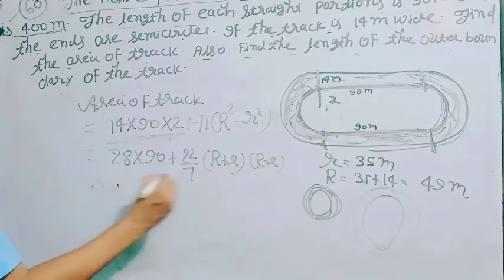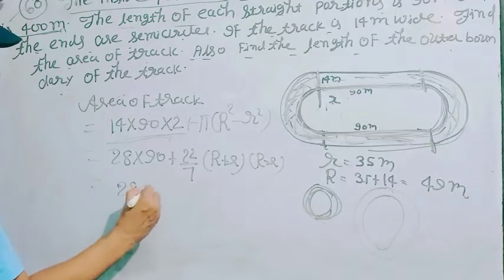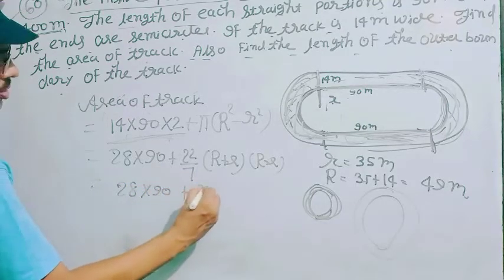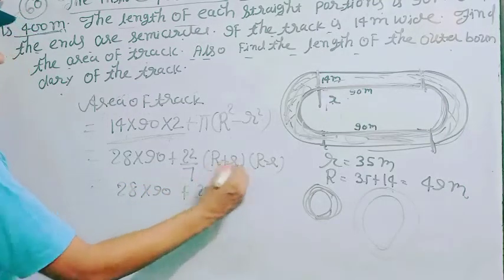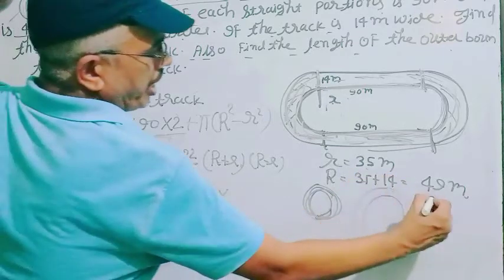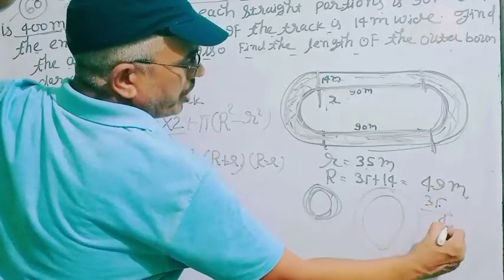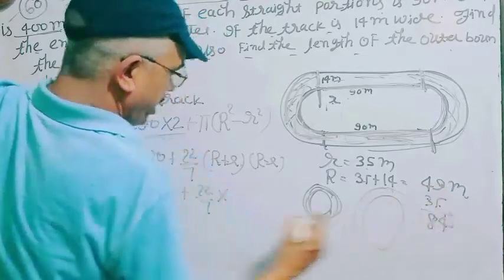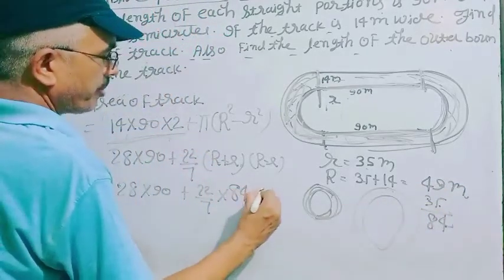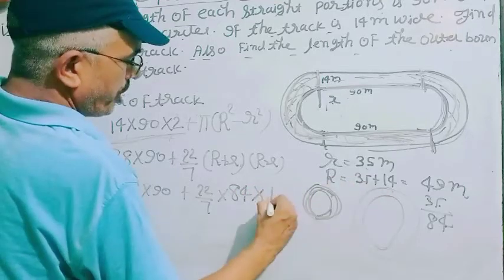R plus r is 49 plus 35, that is 84, and R minus r is equal to 14.